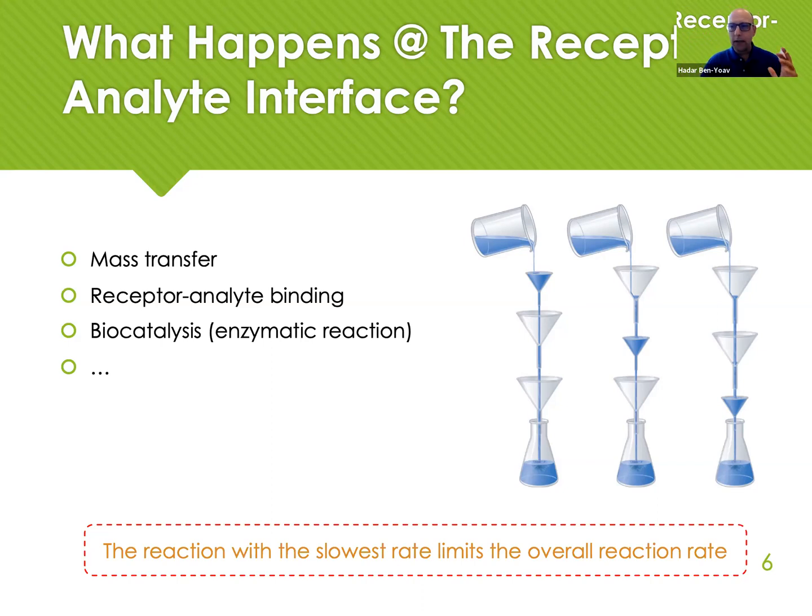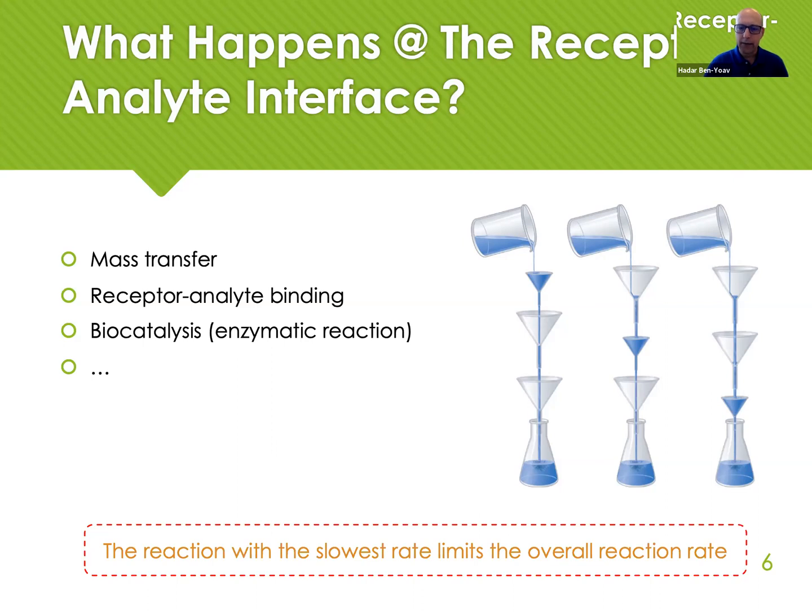After we analyze the different processes that are going on in the lab on a chip, we need to identify the limiting rate reaction that basically defines the overall reaction rate.